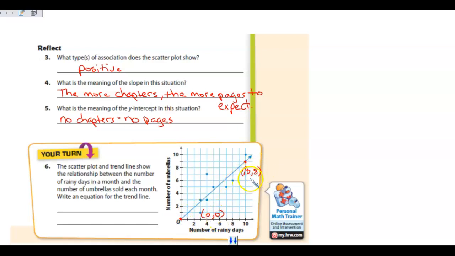So if I'm going to find the slope, I'm going to take 8 minus 0 over 10 minus 0, and I get 8/10. And so that would simplify down to 4 over 5. So my slope is 4 over 5. It's at the origin, so it has no y-intercept, or 0. Sorry, it has a y-intercept. It's at 0. And so it would be y equals 4/5 x. If you wrote it as a decimal, 4/5 is 0.8 or 8/10 x.